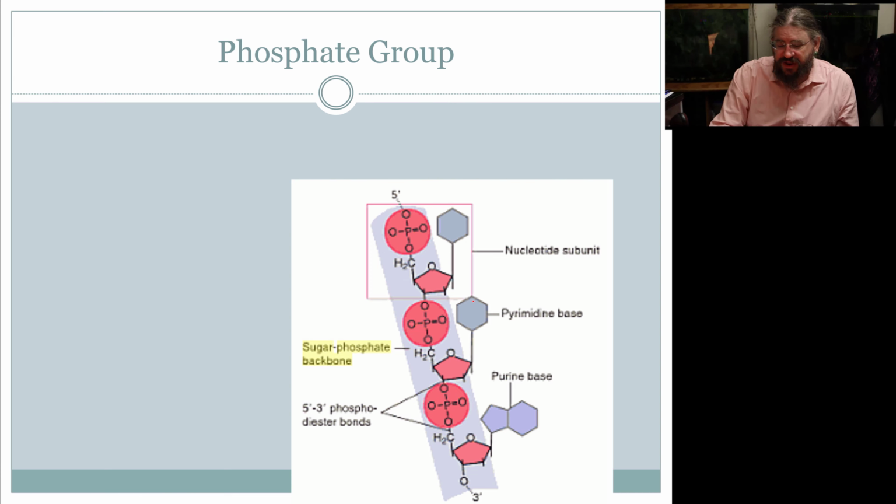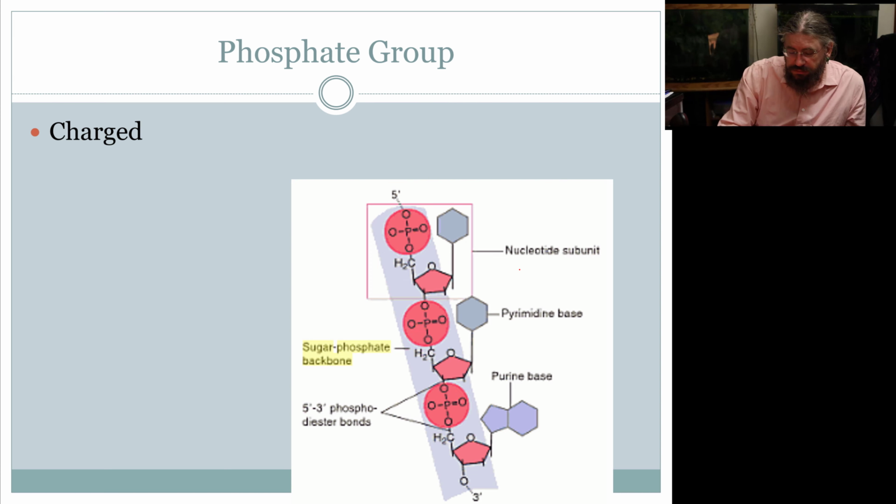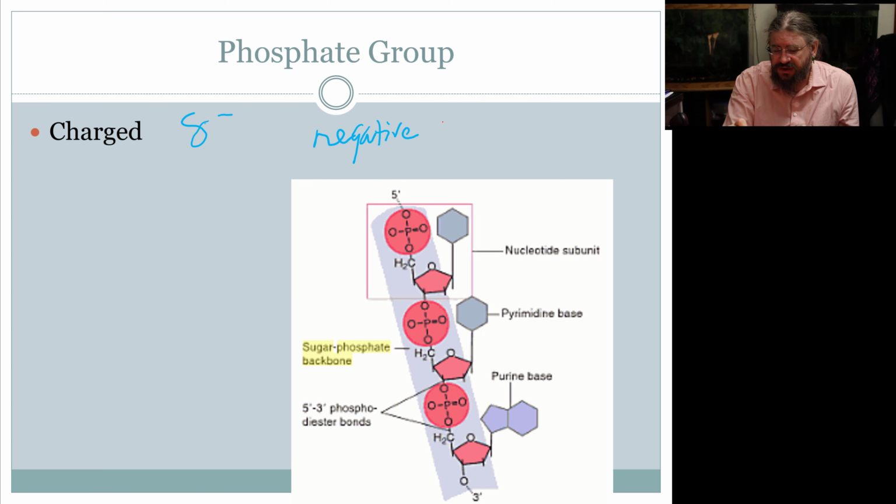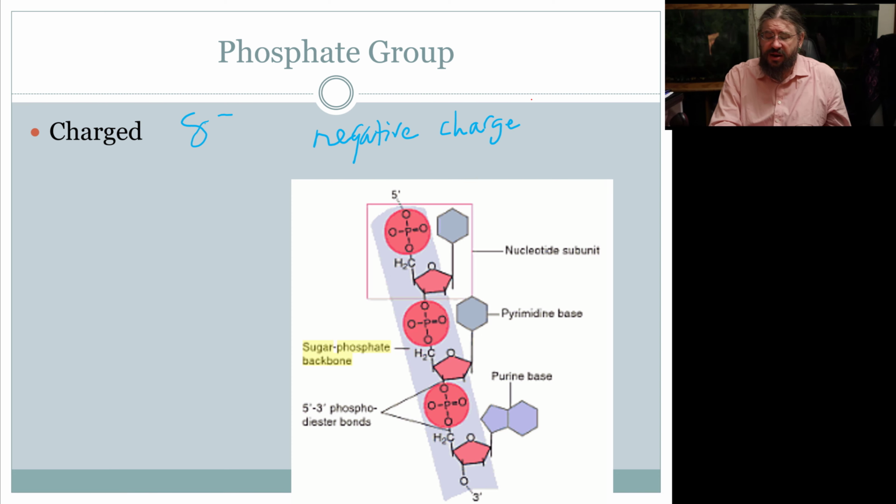The phosphate group. It is charged, and with all those oxygens on there delivering their electronegativity, it has a partial negative charge. So, phosphate groups have a negative charge. And this means when you link up a bunch of nucleotides together into that polymer, you're going to have a negatively charged structure.